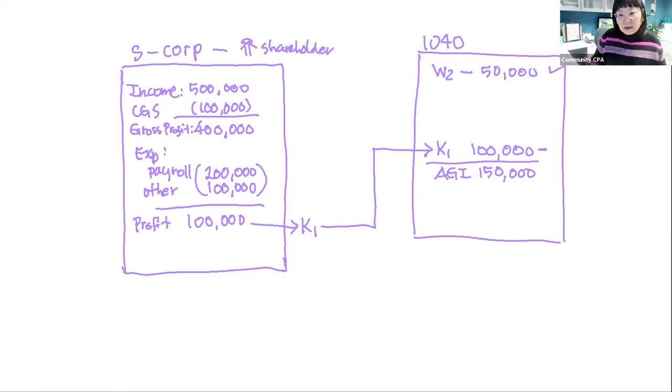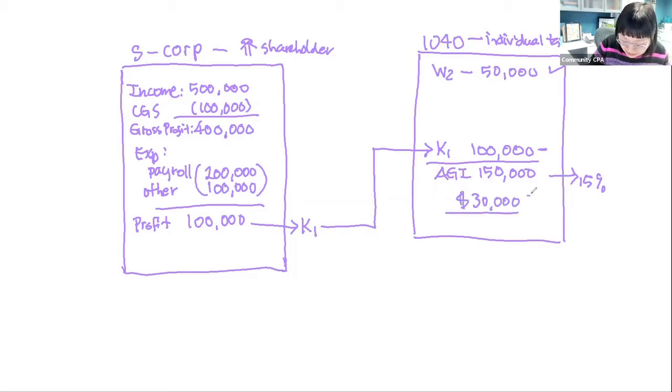But this 100,000 profit I did not have withheld, so I need to pay taxes. And the taxes on this are based on my individual tax rate. In this case, because of my AGI, my effective tax rate is about 15%. So I would just pay 15%, or 15,000 in taxes, and I'm done with my year.